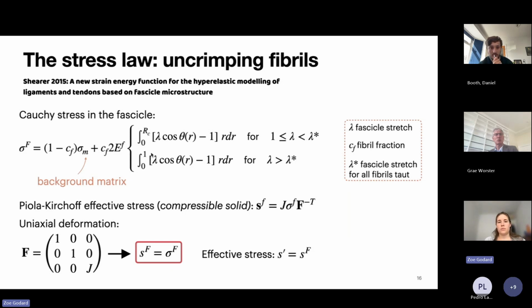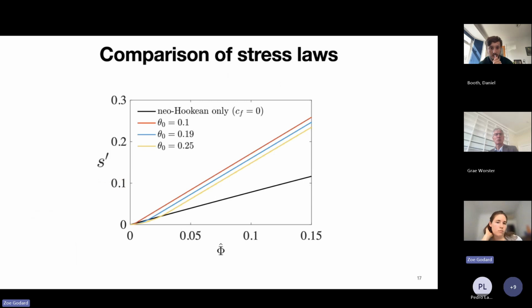So just to compare what those laws look like. In black here, we've got the neo-Hookean only, and then theta naught is the maximum crimp. So there's a crimp distribution basically in this model that I haven't shown you, and you need to provide a maximum crimp angle. So this is for just a few different values of crimp angle.